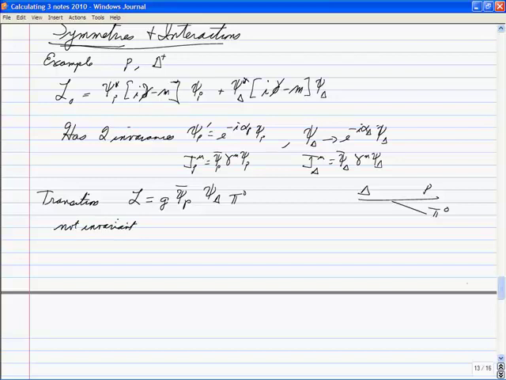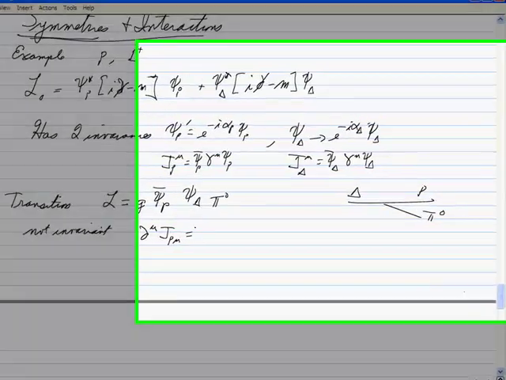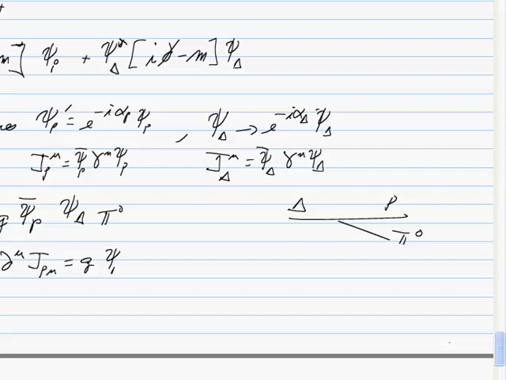Okay. You're not, at least under separate invariances, if I try psi proton goes to that one, this isn't invariant. And what you'd find is if you looked at d mu j proton mu, it would turn into g psi proton psi bar delta pi 0, not equal to 0.